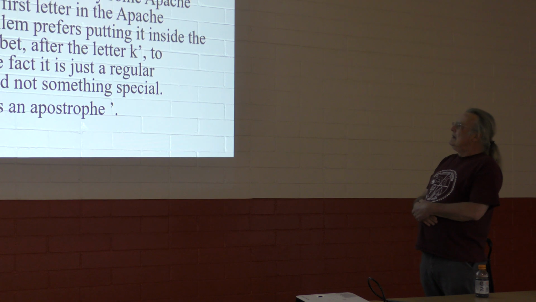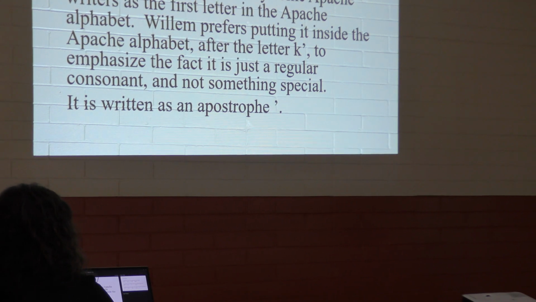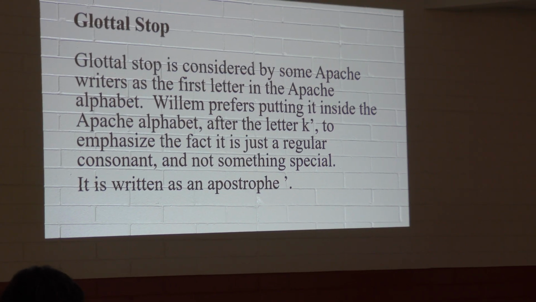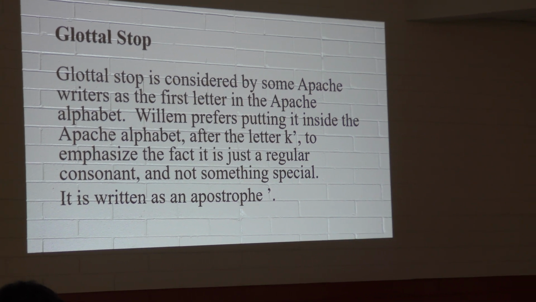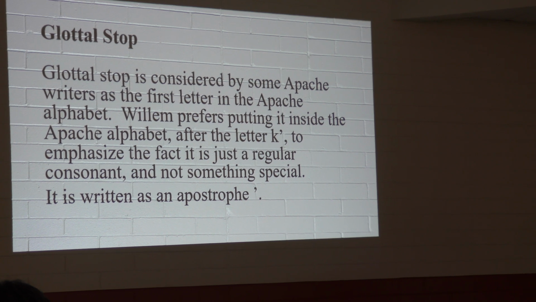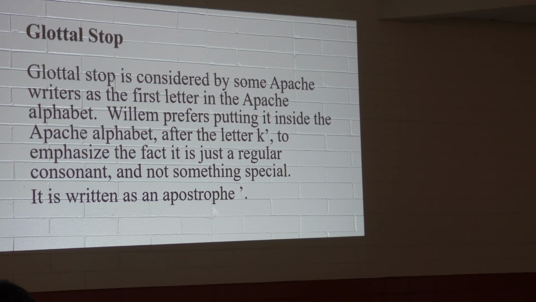Next, the glottal stop. The glottal stop is considered by some Apache writers as the first letter of the Apache alphabet. Willem prefers putting it inside the Apache alphabet after the letter K, like we said. Kont was an example. And to emphasize the fact it is just a regular consonant and not something special, it is written as an apostrophe.